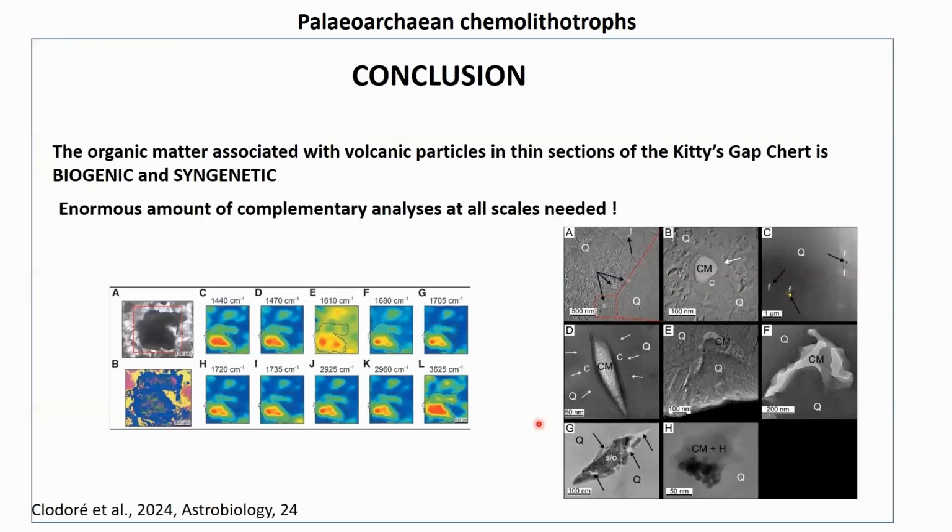So the conclusion is that the organic matter associated with the volcanic particles in thin sections of the Kiddie structure is biogenic and syngenetic, and that a huge amount of complementary analyses at all scales was necessary to demonstrate this. And this is what we'll be needing also to work with materials coming back from Mars, for instance.